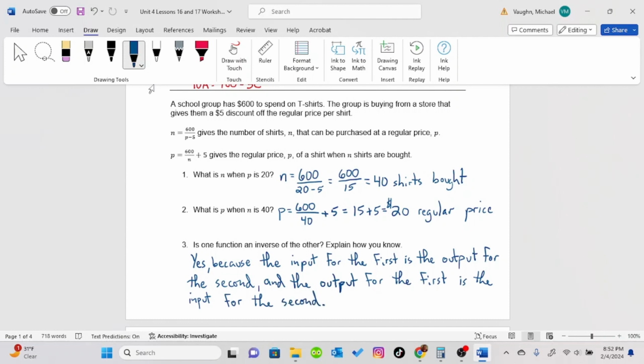This is what makes an inverse function. The input and output are just switched.